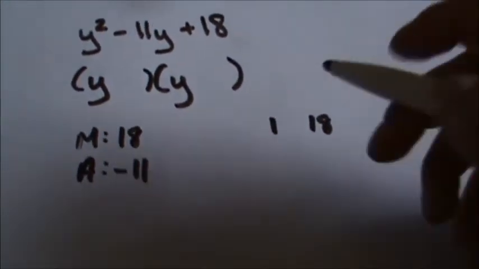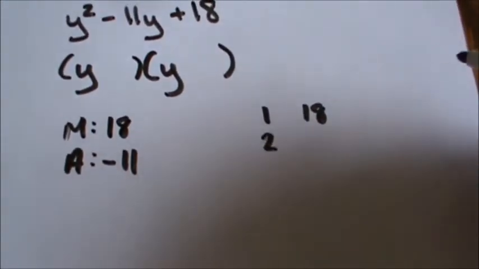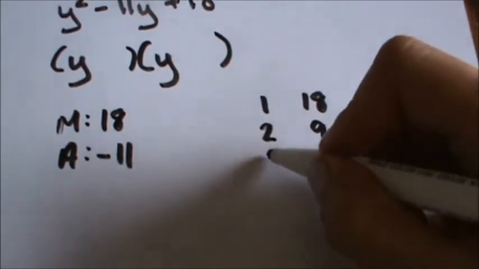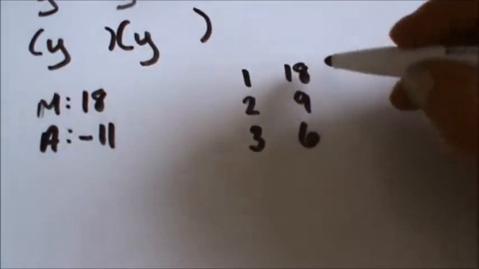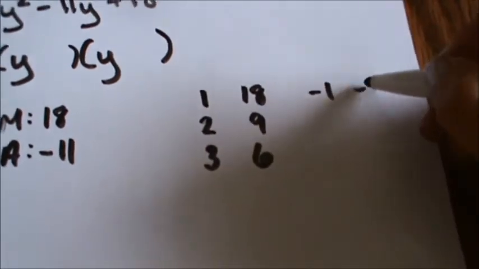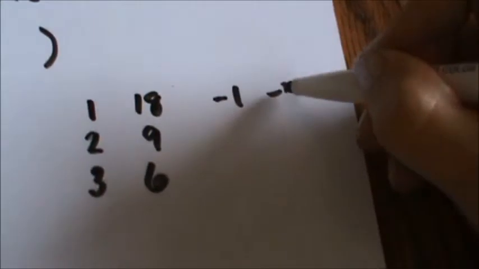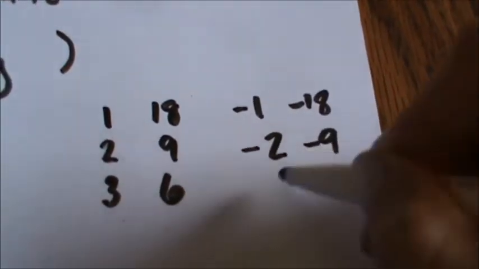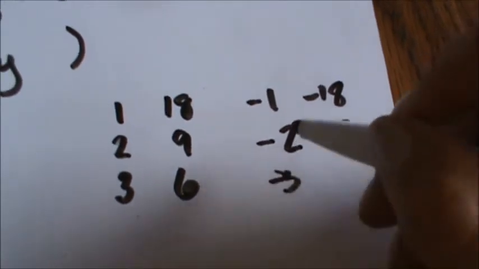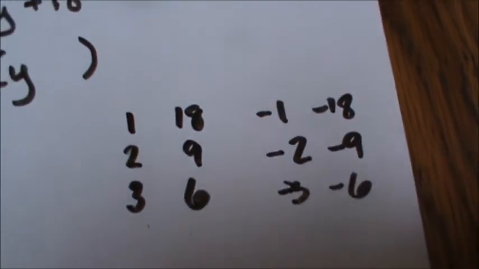Now, if I can't come up with these numbers just sitting here thinking, my best idea will be to list out all of the factors of 18. So I have 1 and 18, 2 and 9, 3 and 6. Now I can have all of these or their negative counterparts. Negative 1 and negative 18, negative 2 and negative 9, negative 3 and negative 6.